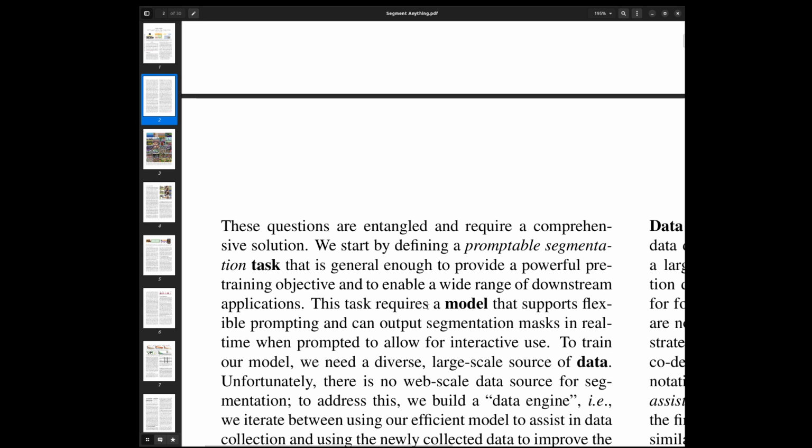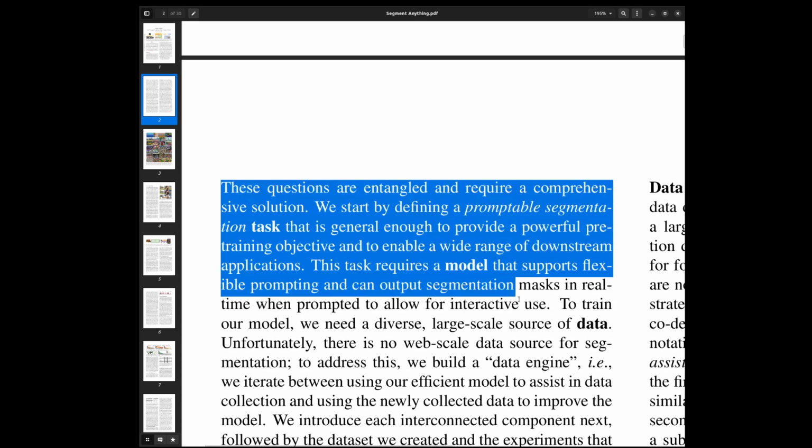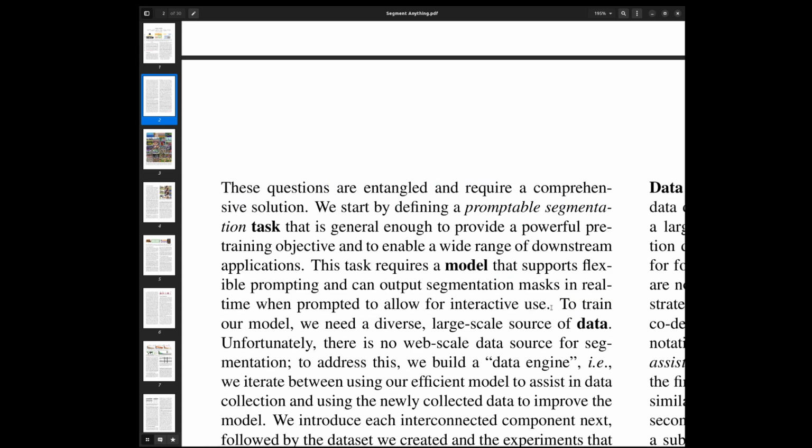This task requires a model that supports flexible prompting and can output segmentation masks in real time when prompted, to allow for interactive use. Okay, so here they are just saying that they need to find a good objective to make the model smart enough to be used in zero shot or few shot. That seems to be what they're trying to say.